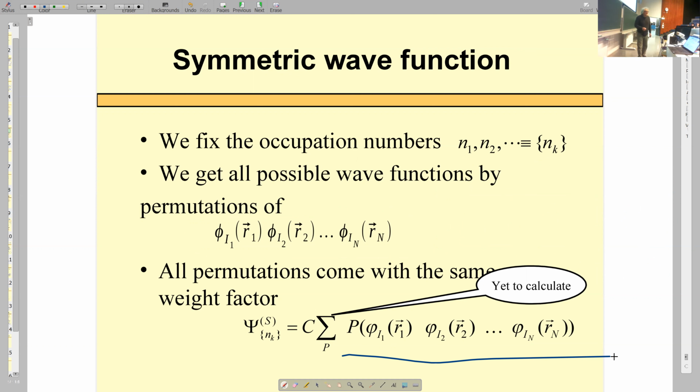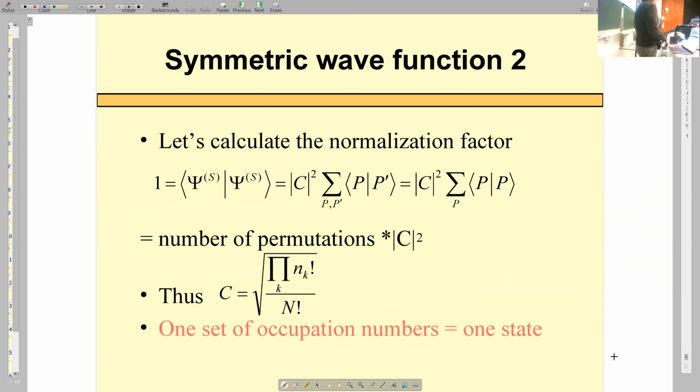All right, so I will replace this plenty of wave functions with a single function. A little bit of a problem is that it consists of an exponentially big number of terms. That's what makes this calculation pretty impractical.